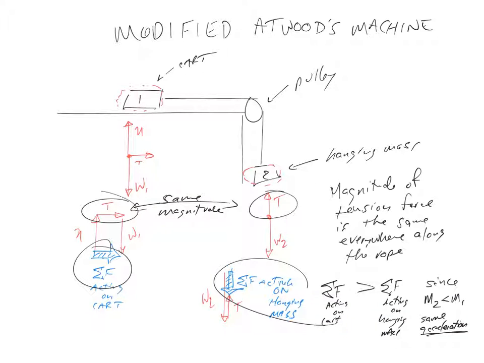They have to have the same acceleration because they're attached by a string, but the total force acting on the hanging mass is much less than the total force acting on the cart. But I found that this particular problem especially is really useful to look at as one system of two objects. Let me do that. Let's see what happens.